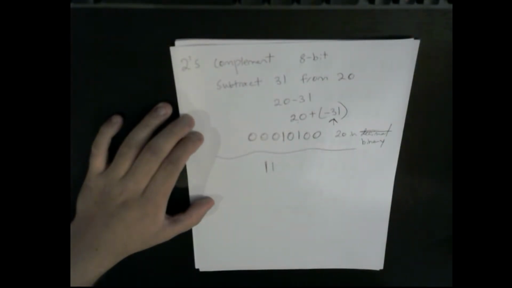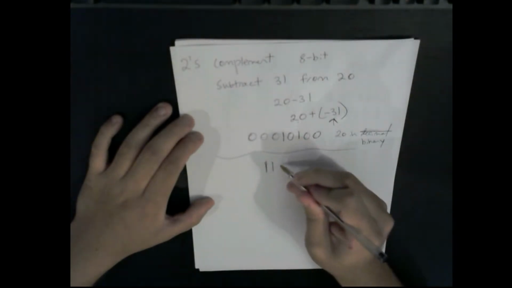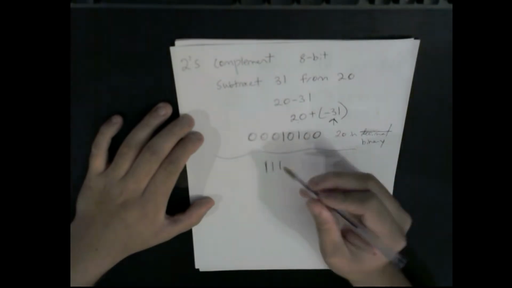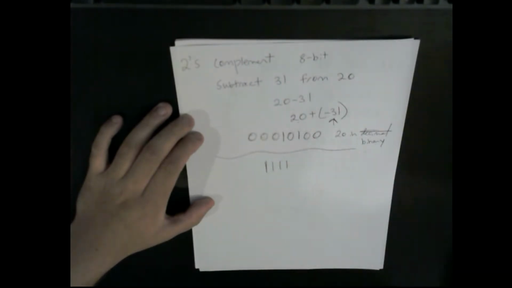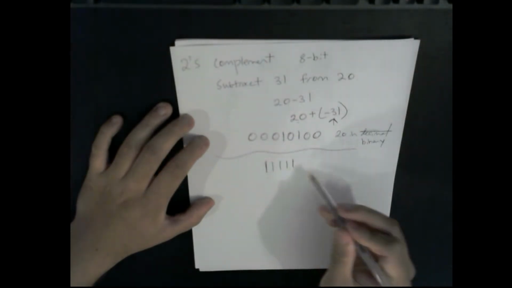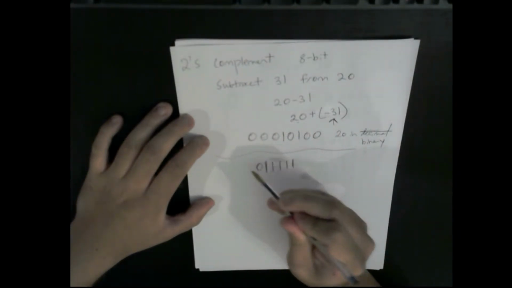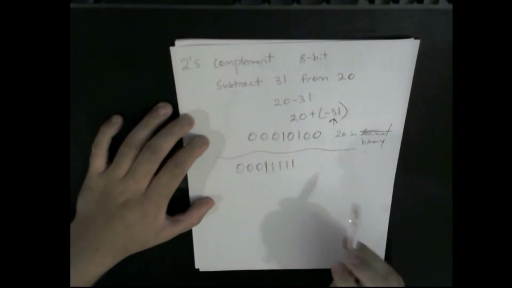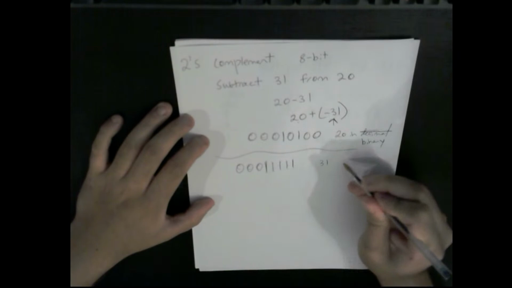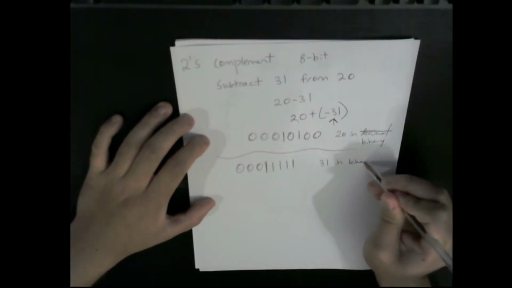So we're up to 24. Can I fit 4 in there? Yes, I can. Up to 28 now. Can I fit 2 in there? Yep, up to 30. 31, right? And then I'm going to pad it up, so I'm going to add these zeros until I have my 8 bits. So this is 31 in binary.